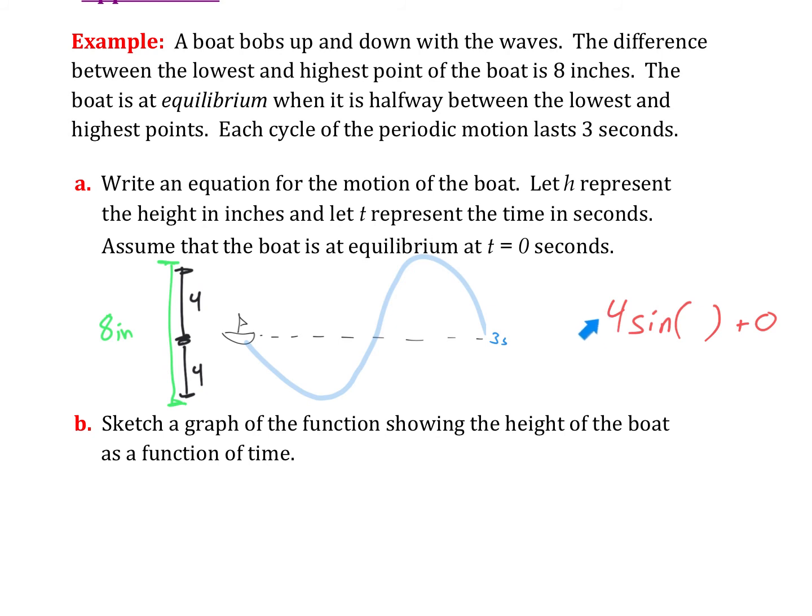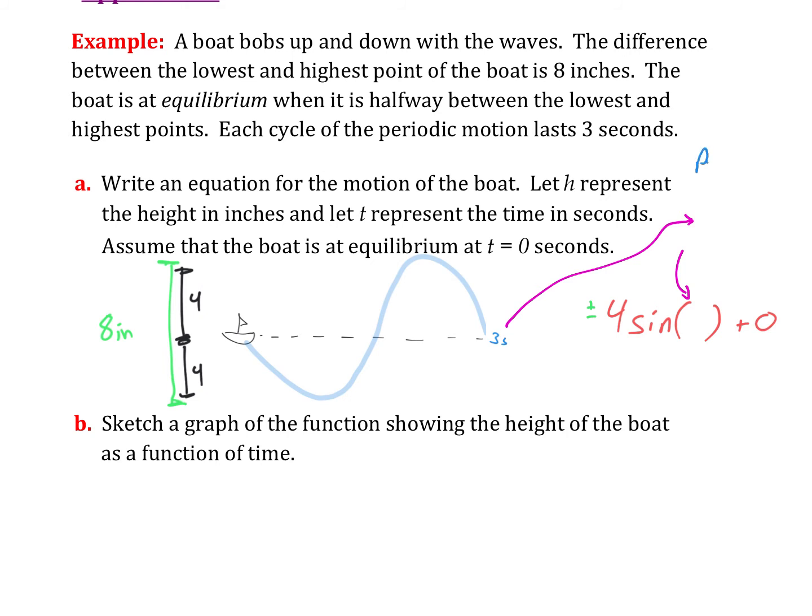Now, with regard to positive or -4, we didn't really know if it starts going downward on a wave, then goes up, or if it starts going up on a wave, then goes down. We didn't know, so I'm going to put a plus or minus here. But we can use this 3 seconds aspect to help get the b value.